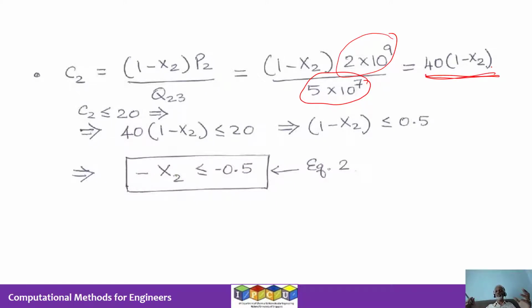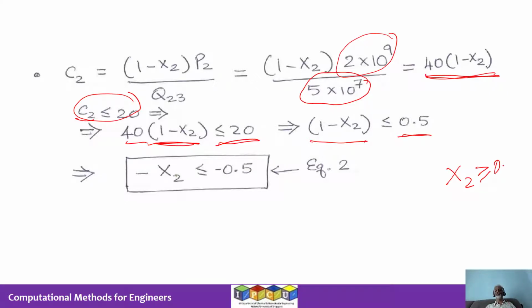This is what we get from the material balance. And C2 should be less than or equal to 20 because of environmental regulations. Therefore, 40 times (1 minus x2) should be less than or equal to 20, which means 1 minus x2 should be less than or equal to 0.5, dividing both sides by 40. So minus x2 should be less than or equal to minus 0.5. That means x2 should be greater than or equal to 0.5.